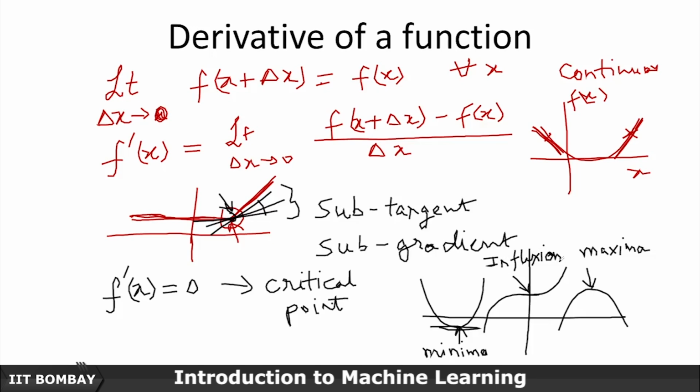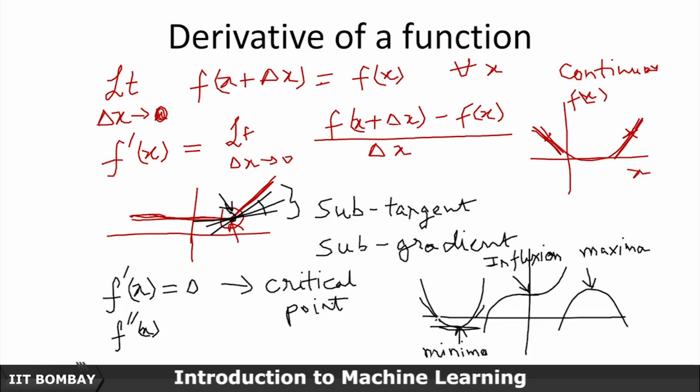The difference between minimas, maximas and inflection points is that we will have to go to the second derivative, which is the derivative of the derivative. Now, this second derivative in terms of minima is positive when you have a local minima, which means that the slope was negative here, but it is increasing when you go towards the right hand side.